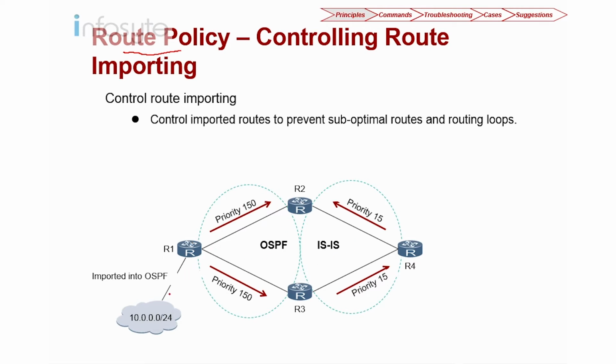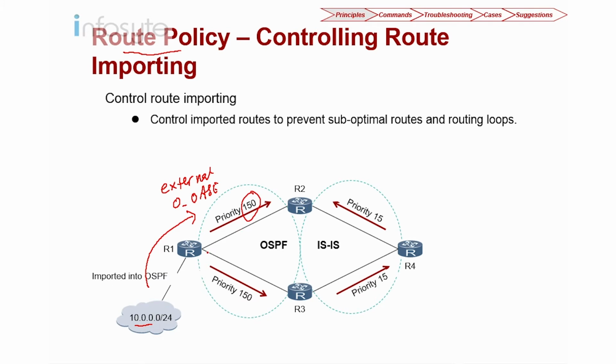R1 is attached to network 10, and R1 imports this route into OSPF. When you import, it becomes an external route, an OSPF ASE. When you import this route as an ASE, the preference will be 150.